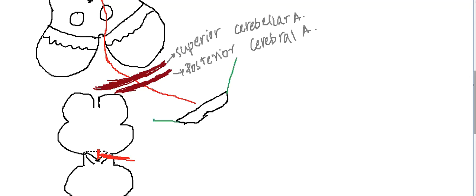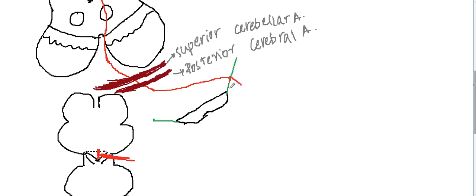So what this nerve does is, it will pierce forwards. This is not a correct anatomical picture, this is just for us to know. It pierces the tentorial notch of the tentorium cerebelli, and then it will enter the middle cranial fossa. Now it has entered the middle cranial fossa.